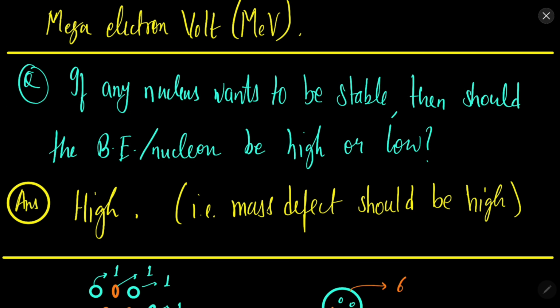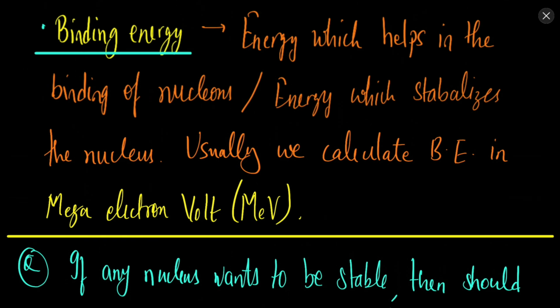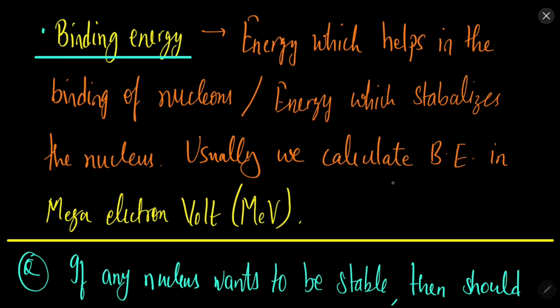Now, if any nucleus wants to be stable, should the binding energy per nucleon be high or low? Binding energy per nucleon means the binding energy of each nucleon. For example, let's say we are talking about sodium. Sodium has 23 protons plus neutrons, and let's say the total binding energy for sodium is 46 eV.